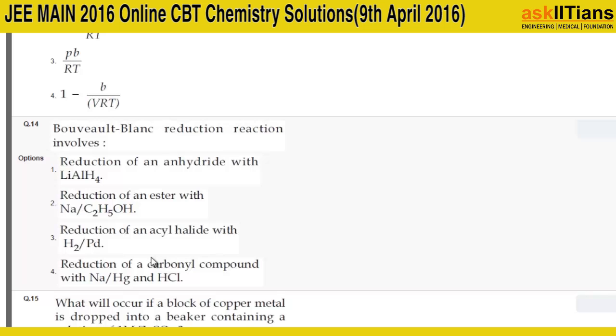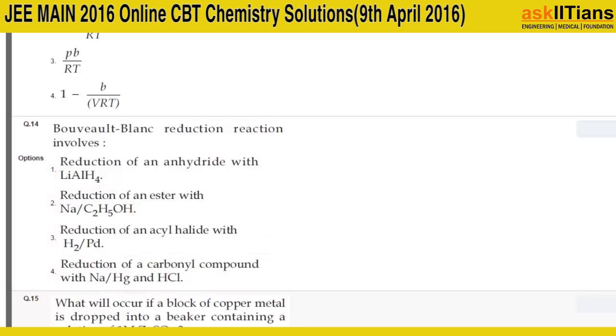The options given are: first, the reduction of an anhydride with LiAlH4. The second is reduction of an ester with sodium in the presence of ethanol. Third is reduction of an acyl halide with hydrogen in the presence of palladium, and the fourth is reduction of a carbonyl compound with sodium in the presence of mercury and HCl.